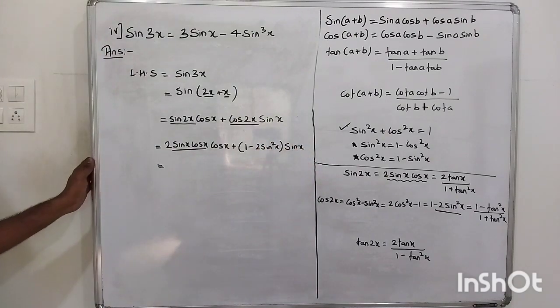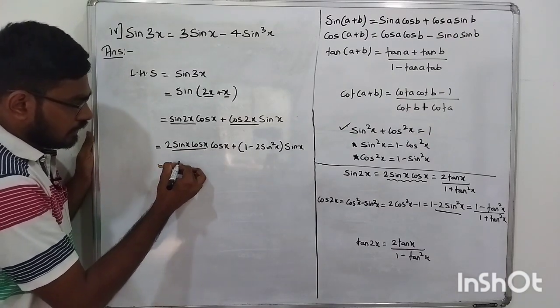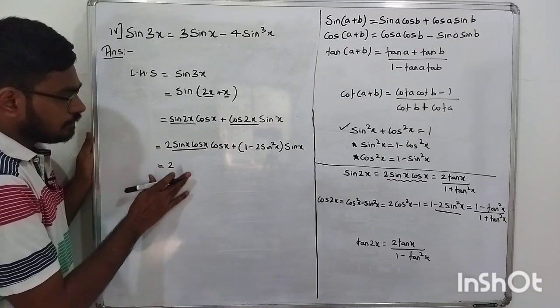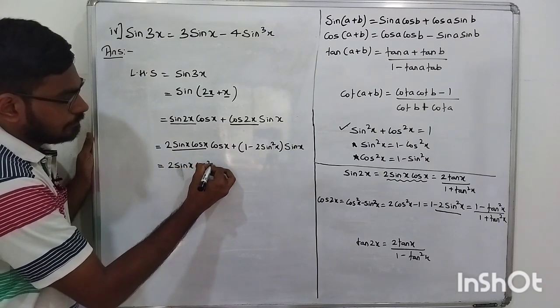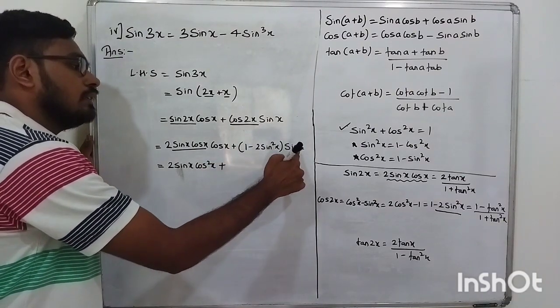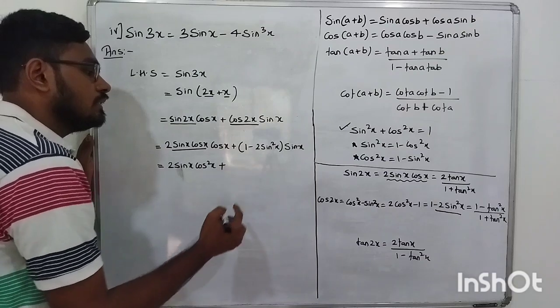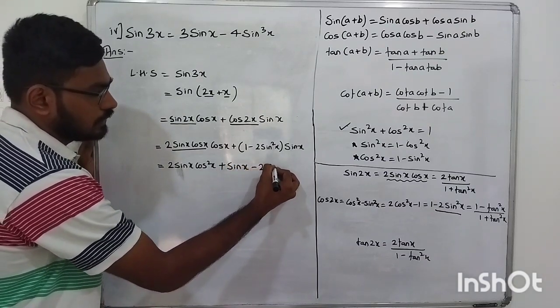Next step, we'll see what we can multiply here. We can multiply cos and cos, so we get 2 sin x into cos square x plus, here we can multiply this sin inside, correct, sin with 1, then sin with this, so we get sin x minus 2 sin cube x.